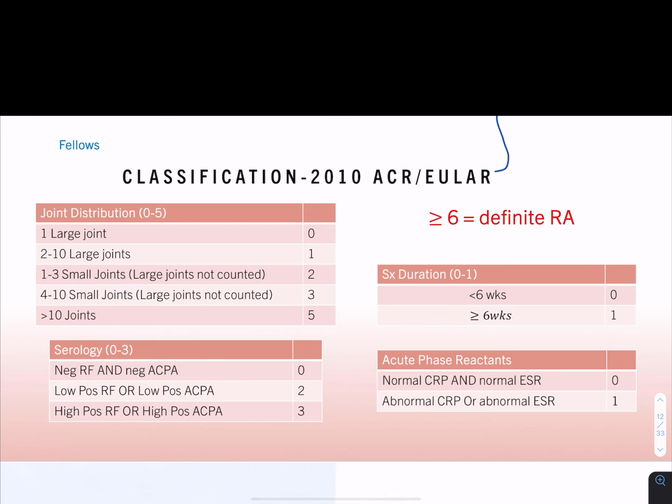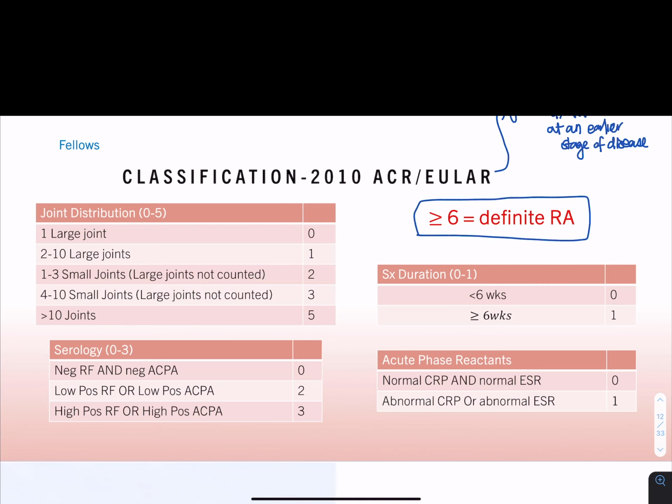Regarding the joint distribution, higher points are assigned with more joint involvement, especially in smaller joints. For serology, having both positive rheumatoid factor and positive ACPA will earn you 3 points. A point is given for symptom duration starting from 6 weeks. An abnormal CRP or ESR will also earn you a point. A total of 6 points or higher will lead to a classification of definite rheumatoid arthritis.